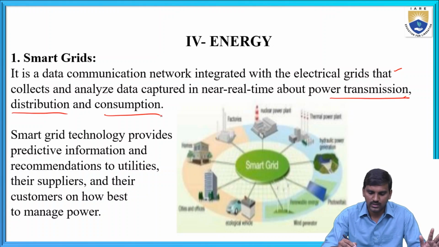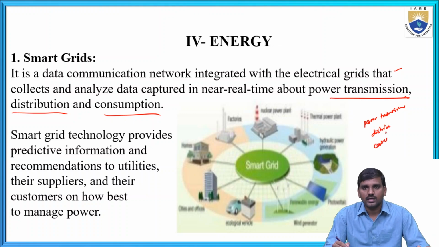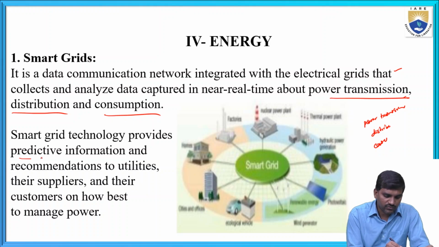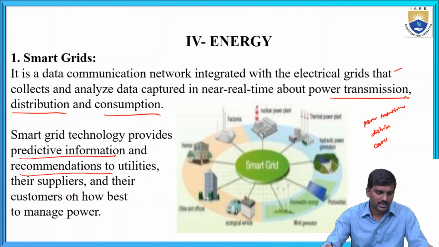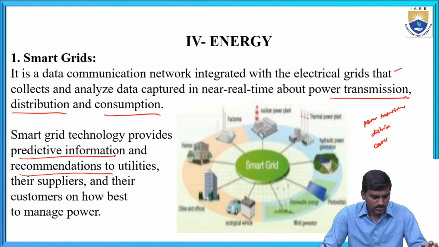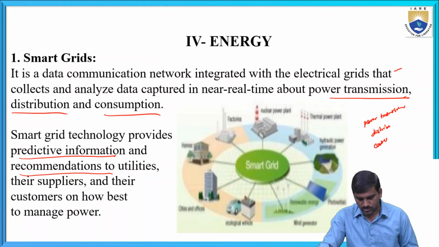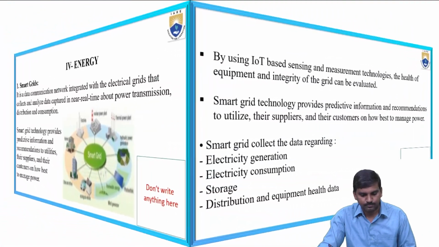These are the three important terms: transmission, distribution, and consumption. How much energy will be consumed, how much energy will be saved. Smart grid technology provides predictive information and recommendations to utilities, their suppliers, and their customers on how best to manage power.